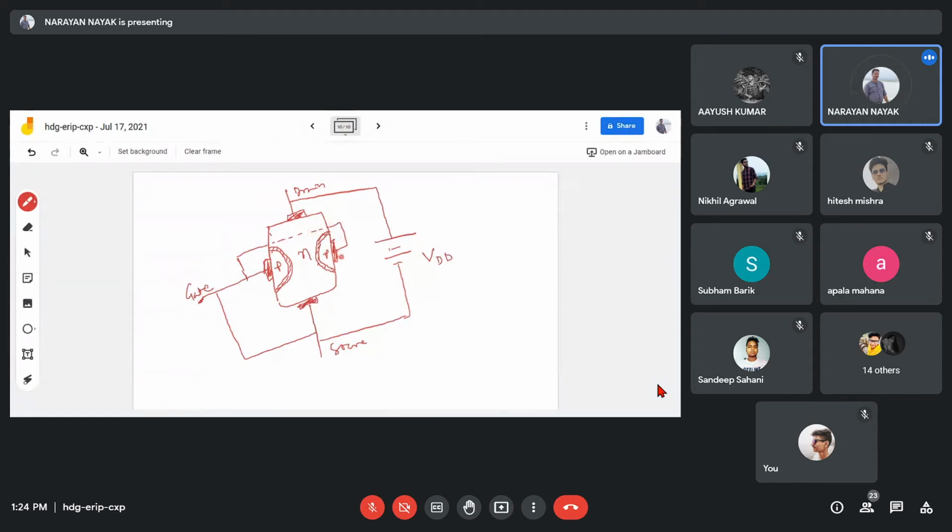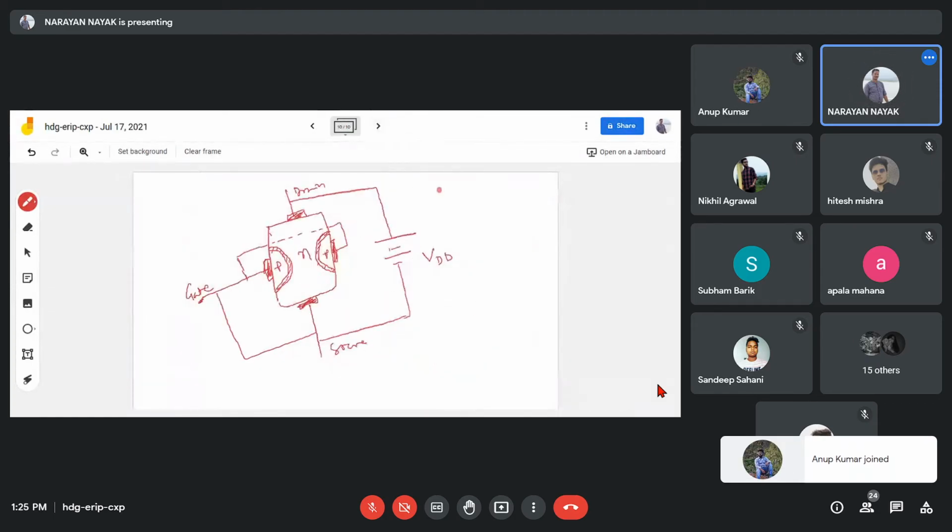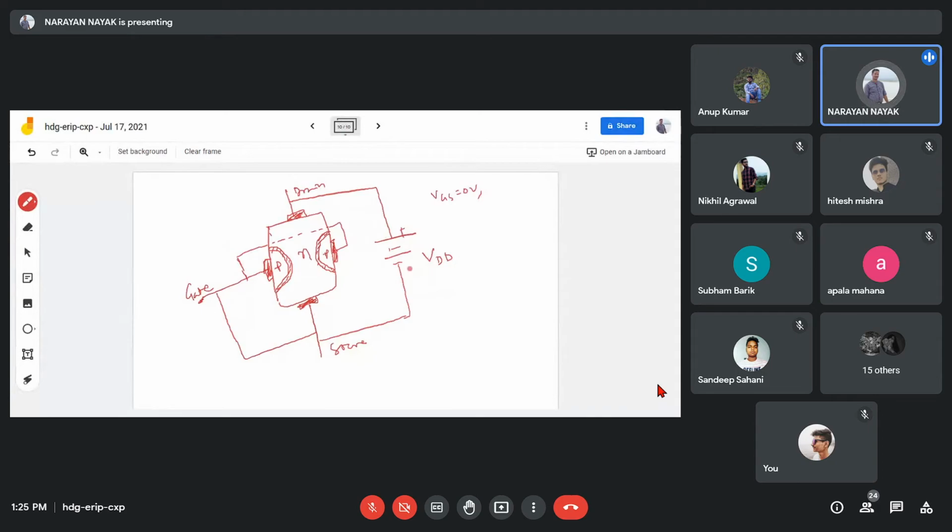Now what will happen? You know the first condition I told you: if VGS is 0 volt and VDS is greater than 0 volt, what is the effect on ID current? Now VGS is 0 volt and you are supplying the voltage. VDD is nothing but VDS, which is greater than 0 volt.